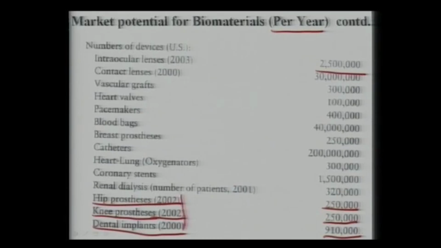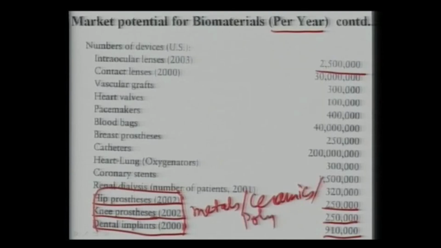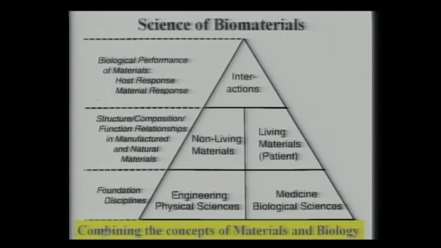These are materials used for load bearing applications, and these are different metals, ceramics or polymers. They are largely used for applications which include hip and knee prosthesis and dental implants. Now this slide is important, and I would like to spend some time on it.